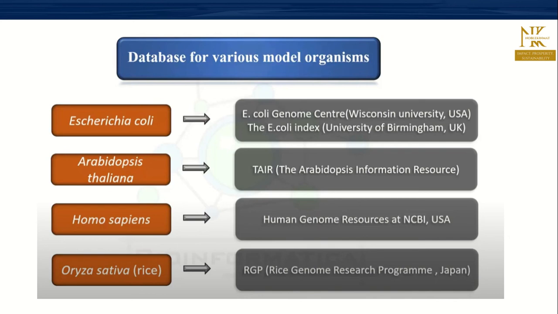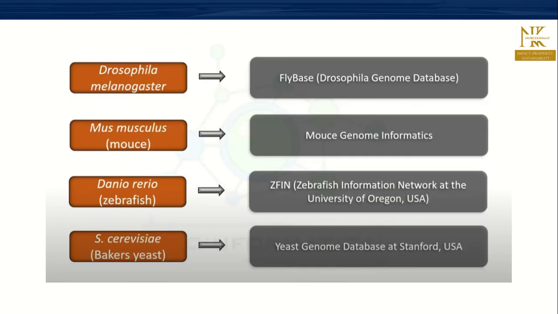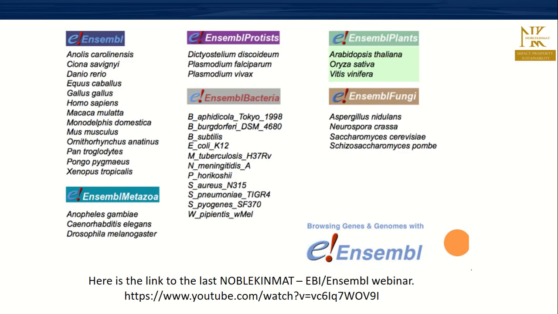Whenever you go to all these websites, you would find nothing but everything about Arabidopsis thaliana. For Homo sapiens, Human Genome Resources at NCBI; for Oryza sativa, Drosophila melanogaster, Mus musculus, Danio rerio, S. cerevisiae, and the likes.